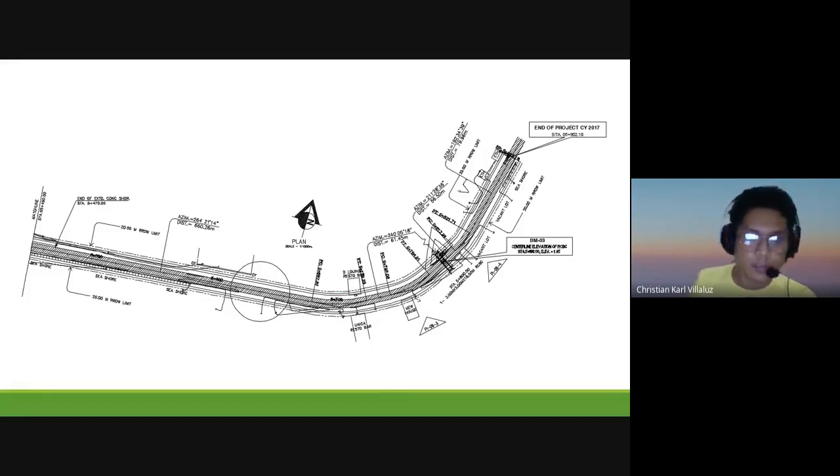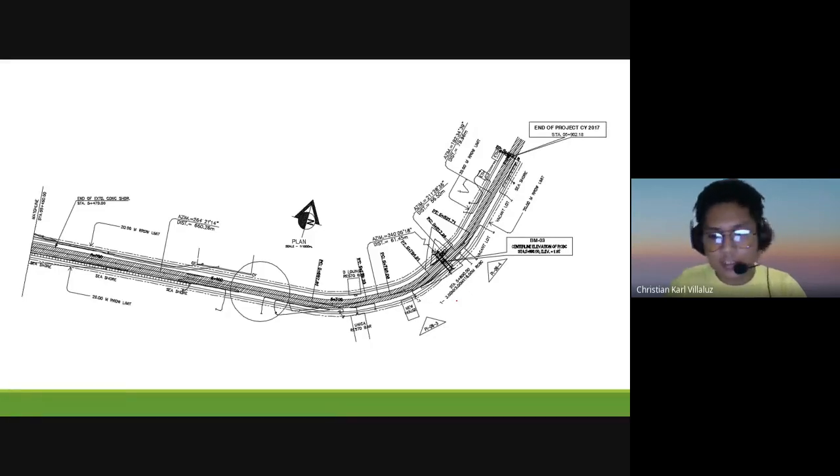But here in fundamentals of surveying, we will just focus on understanding the parts of a horizontal curve rather than the designing of a roadway which involves a horizontal curve.